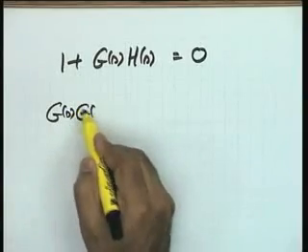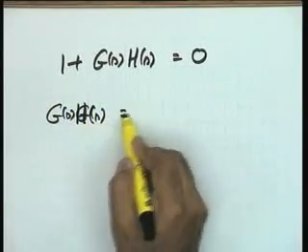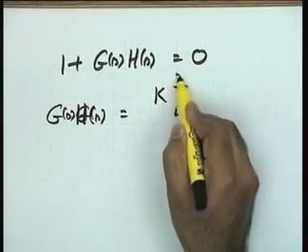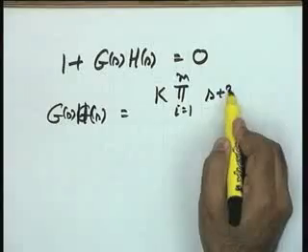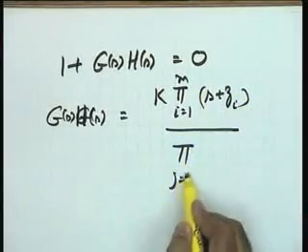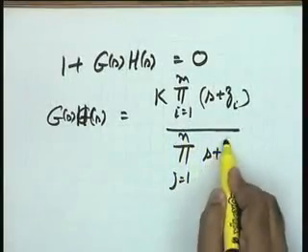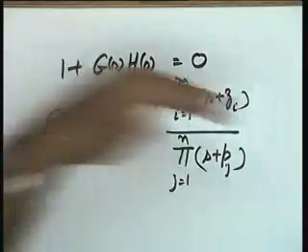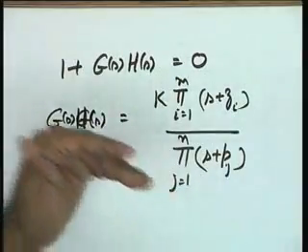Now, in whatever form the open loop transfer function may be given to you, it is always possible to bring it in this form, K product i equal to 1 to m (s plus zi) over product j equal to 1 to n (s plus pj). Always please see, after all this is a polynomial divided by a polynomial.